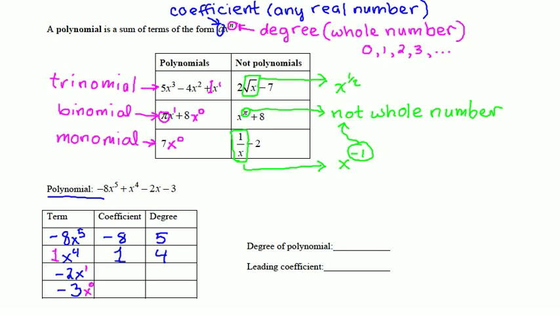Sometimes these last two degrees get mixed up with each other because in both cases the number is not explicitly written. However, negative 2x has a coefficient of negative 2 and a degree of 1. The number negative 3 has a coefficient of negative 3 and a degree of 0. So keep in mind that the degree is only 0 if there is no variable in the term at all. The degree is 1 if there is a single variable without a power.